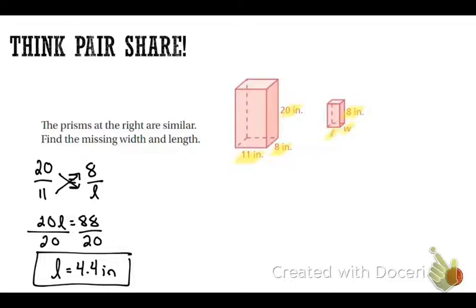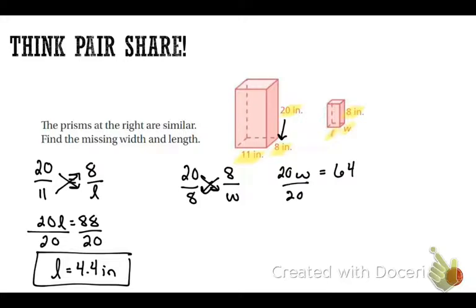All right, someone raise your hand and tell me what proportion did you set up to solve for width? Okay, so you did 20 height over width. Okay, so height over width equals, what is the height of the little one? 8 over W. Now, many of you had not finished solving this one, so I want you to go ahead and finish solving this proportion now to solve for W. Okay, 20 times W is 20W. 8 times 8 is 64.